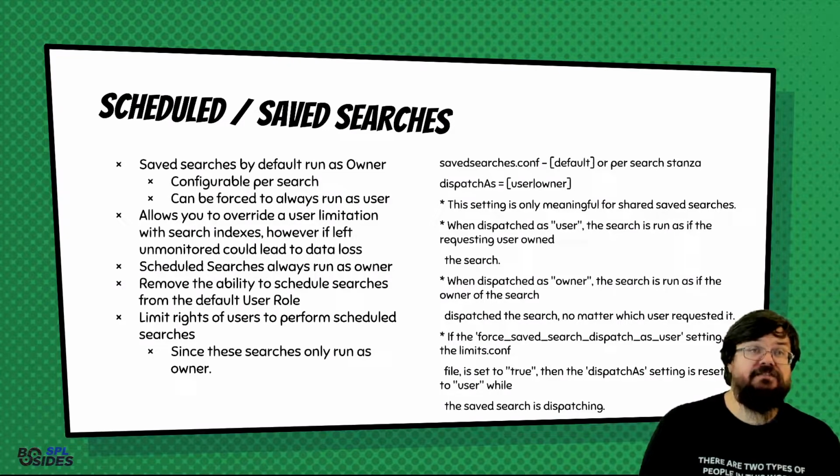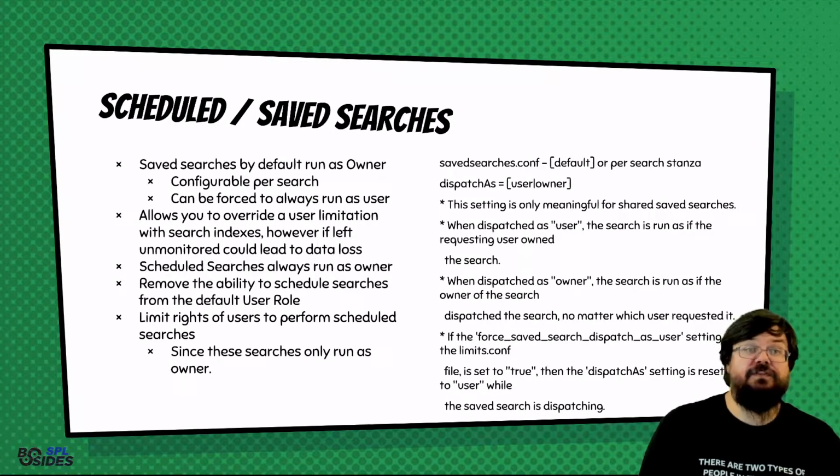Now this only applies to saved searches in which the user runs a search. Scheduled searches, where users have the ability to see a search that has already run, will always run as the owner. This is a requirement. The user needs to be defined who runs it, therefore this is it.